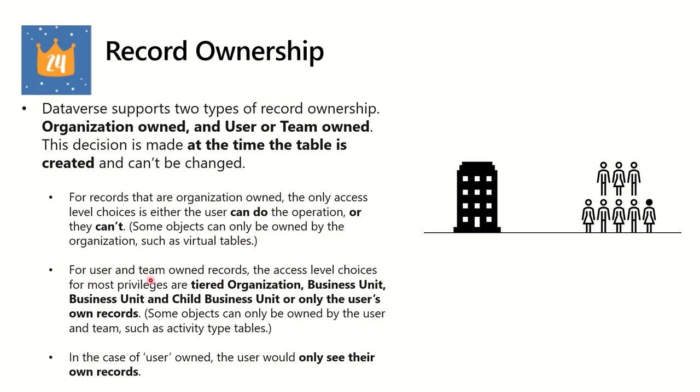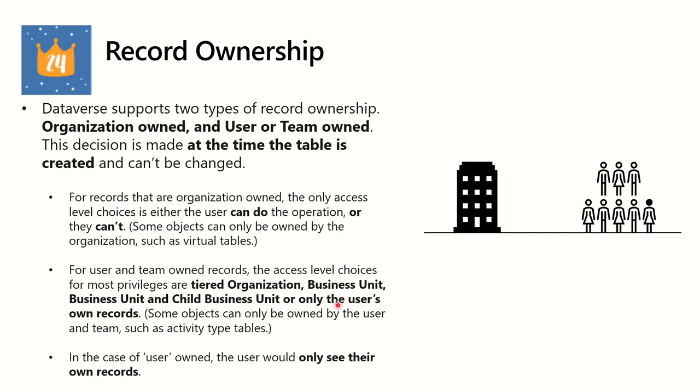On the other hand, for user and team-owned records, the access level choices for most privileges are tiered: organization, business unit and child business unit, or only the user's own records. Again, some objects can only be owned by the user and team, such as activity type tables.